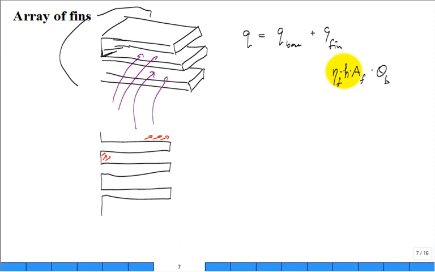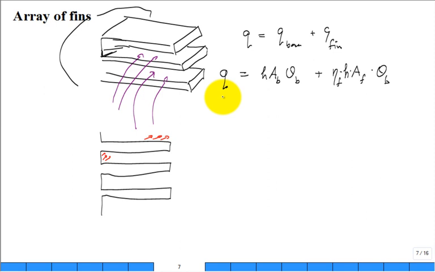All right. Now, the simpler equation is for this heat transfer off of the base that's exposed. Well, you just have the convection coefficient, the area that's exposed to the fluid at the base temperature times theta base. And so this is the total rate of heat transfer off of that array.